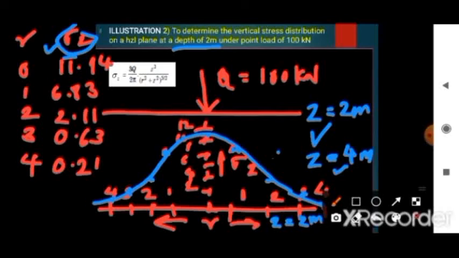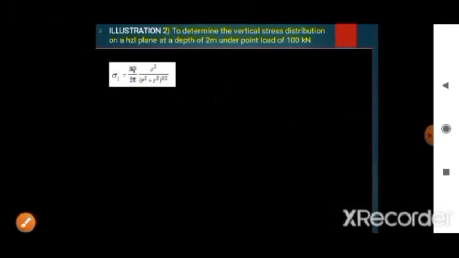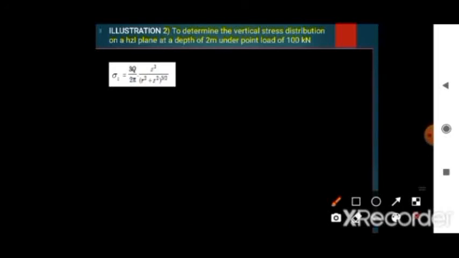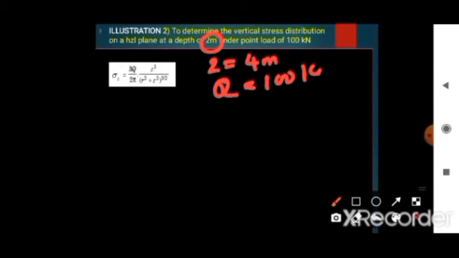Here we again consider the Boussinesq equation, taking z as 4 meter, increased, and Q the same as previous, 100 kilonewton.